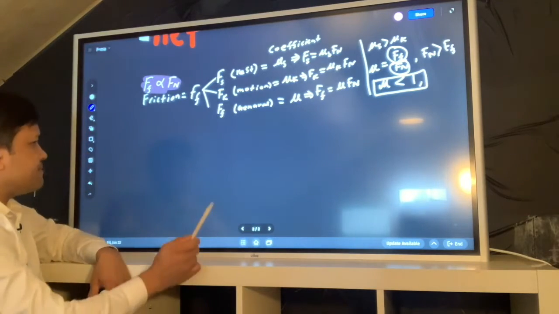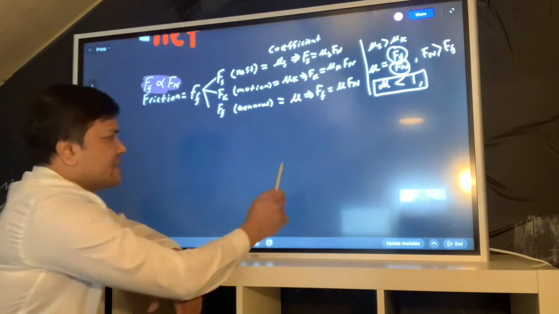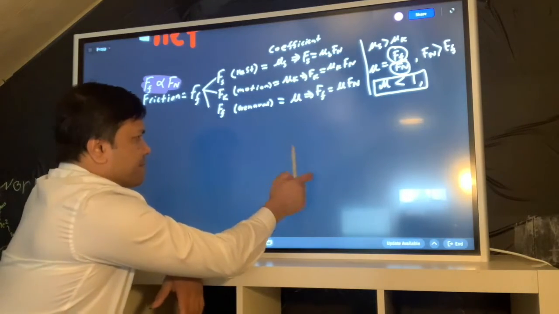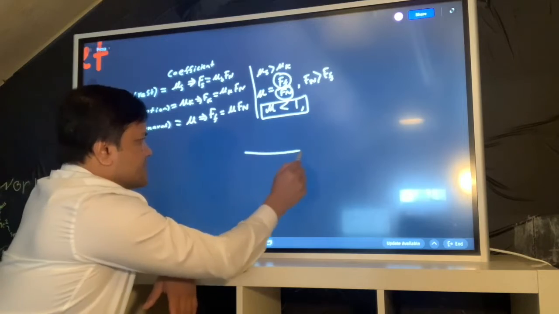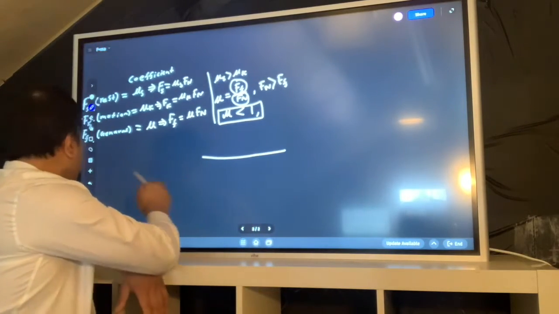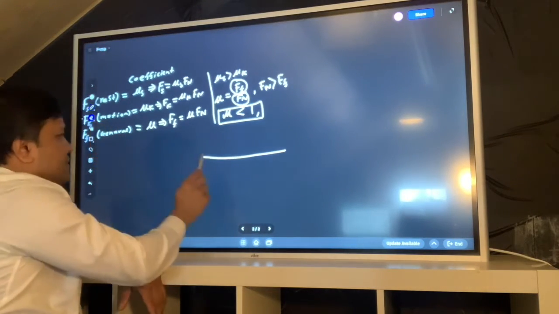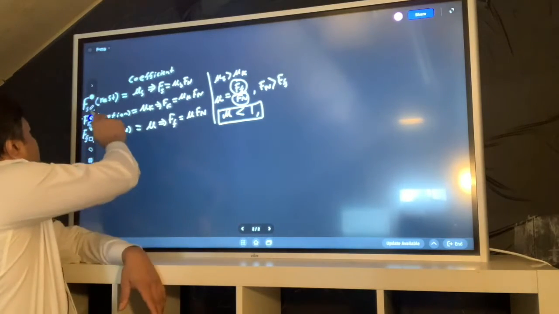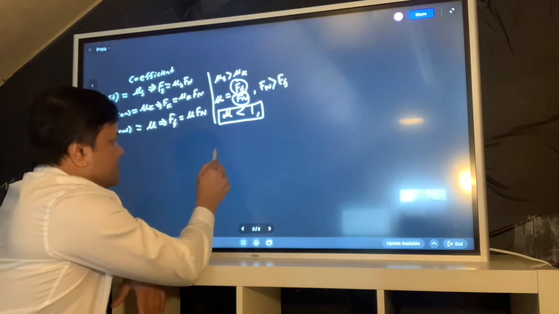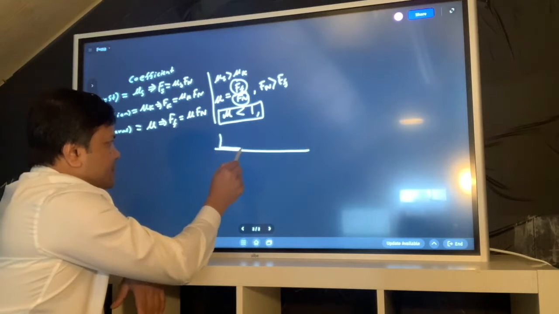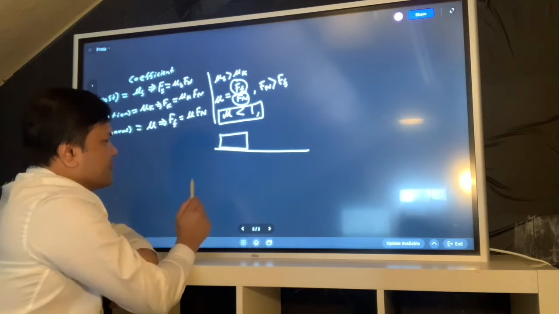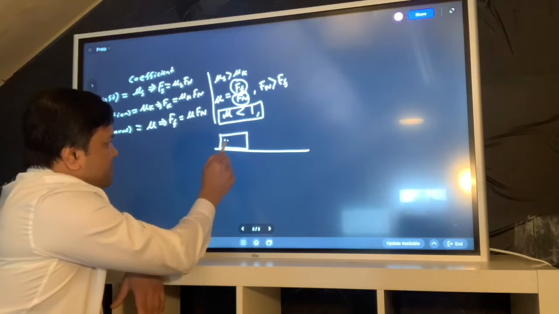Let's create a problem. Let's say Mr. Berry, let's create a problem. This is a rod. I can draw it better. There is a rod and there is a box on the rod, and the box is 10 kilograms.